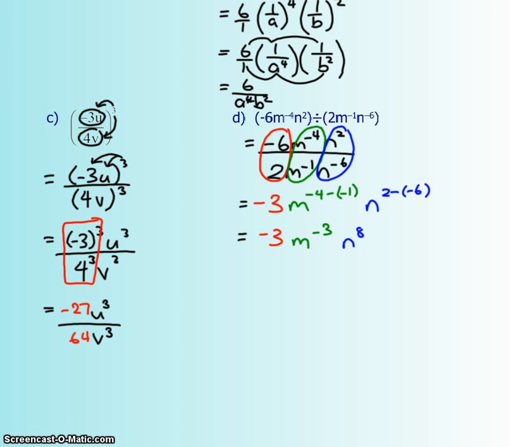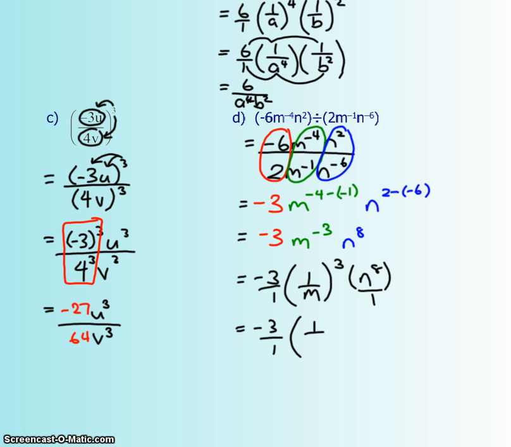Okay, so we have one negative exponent in there. We want to make sure that we flip it upside down and put a positive exponent. And that's multiplying your n to the power of 8. All right, now there's a 1 underneath this, and then also a 1 underneath this. Okay, so negative 3 over 1.